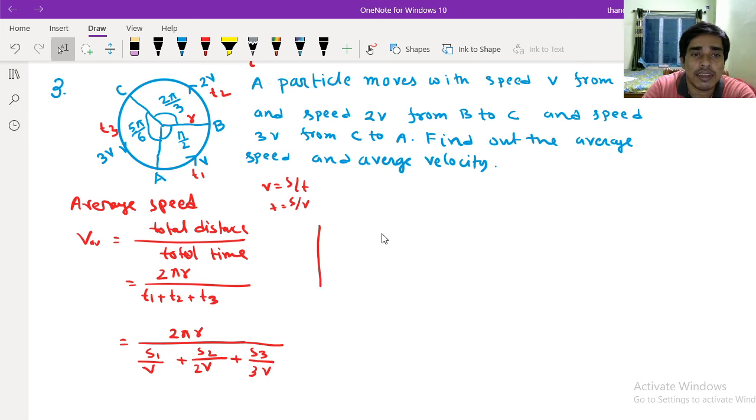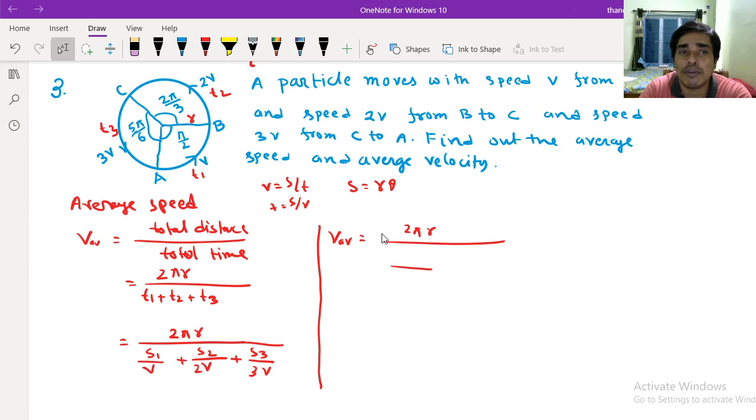This is the case. Then v average will be 2 pi r divided by the total time. Here s equals r theta. This is the formula because, suppose this is theta, then AB will be r theta.